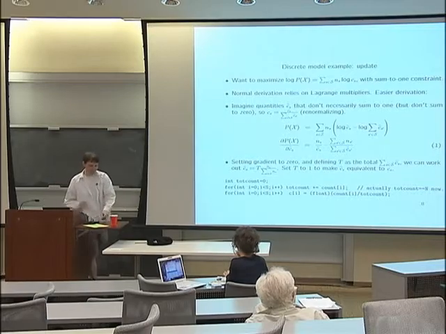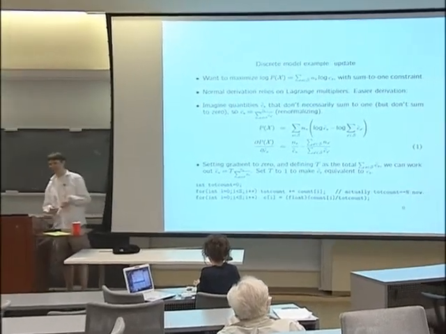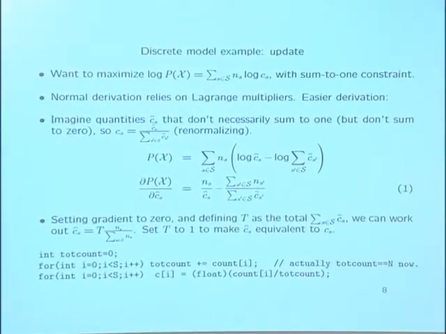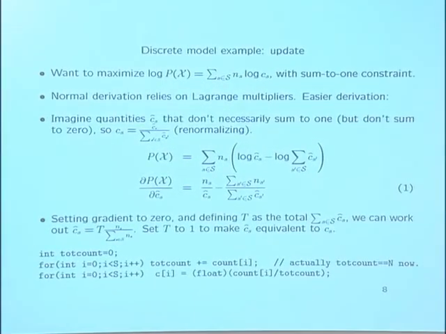So after you get your statistics, here is an example of how you compute your parameters. We want to maximize this given the ns. Now the normal derivation relies on Lagrange multipliers, and I always forget how to use them. It's very easy to mess up. So I derived a simpler derivation.